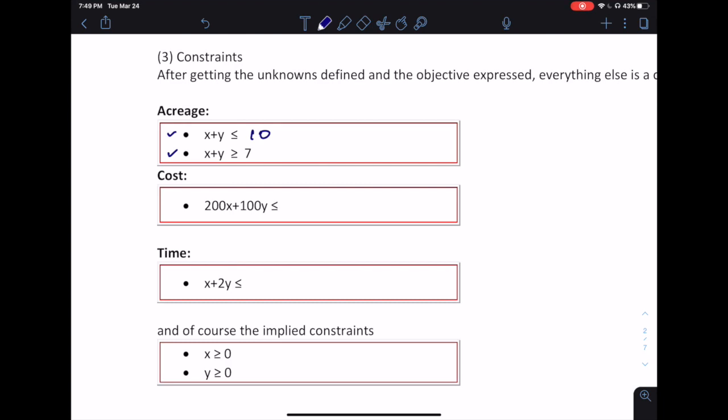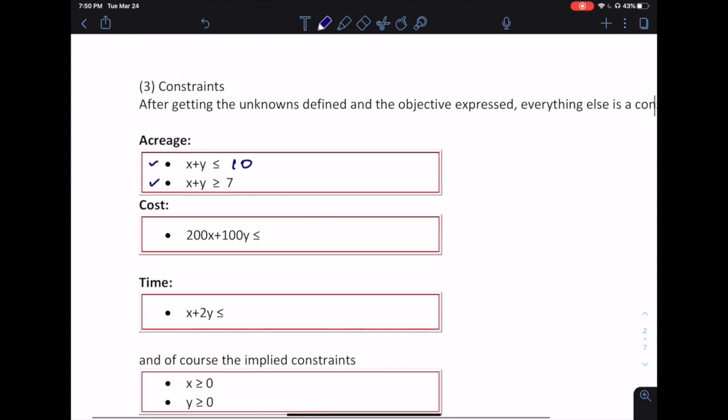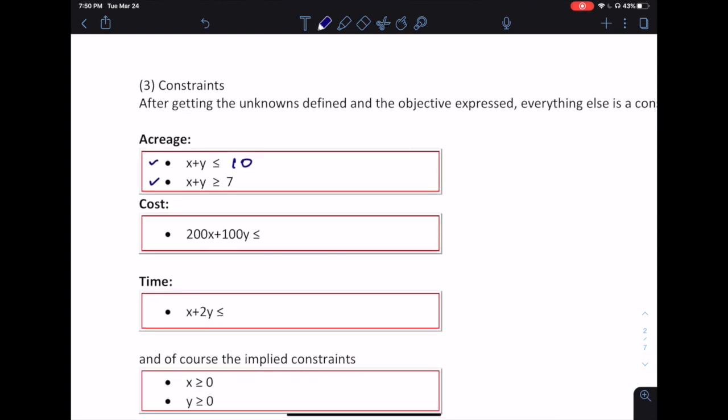In terms of cost, it says that we need $200 for each x and $100 for each y. So 200x plus 100y must be less than or equal to the total budget available, 1,200.